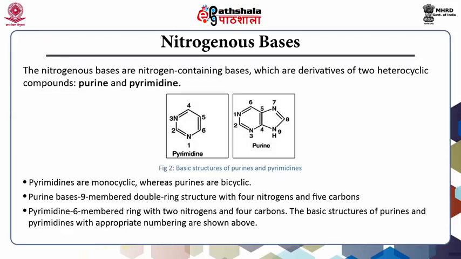The carbon and nitrogen atoms in purine and pyrimidines are numbered based on the convention which is shown in the figure. The basic structure of purine and pyrimidines remains the same with some modification.